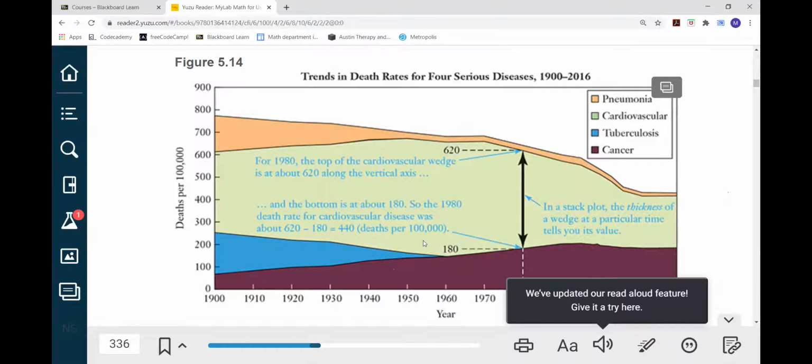About 500. This looks about 150, this looks about 650, so this thickness is about 500. We're getting 500 deaths per 100,000 people from cardiovascular disease, and that was about 1960 when it was at its height.